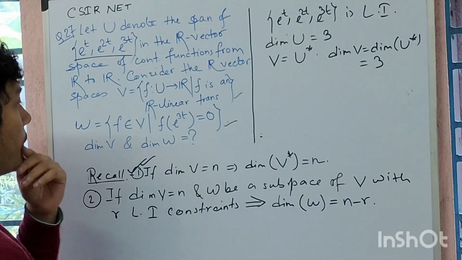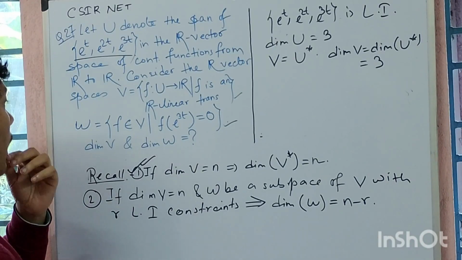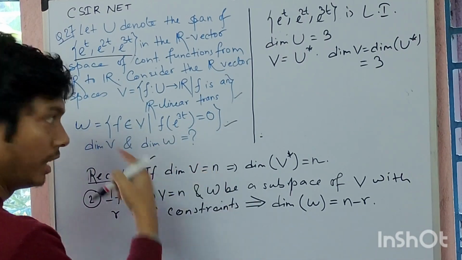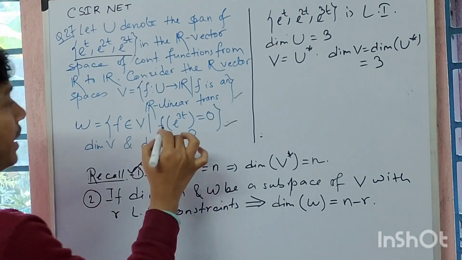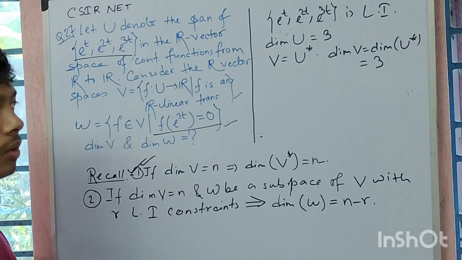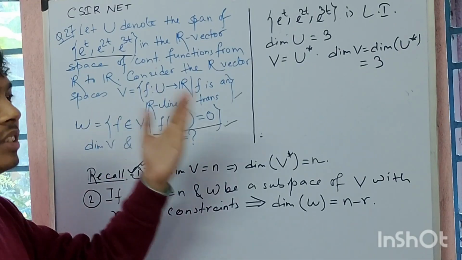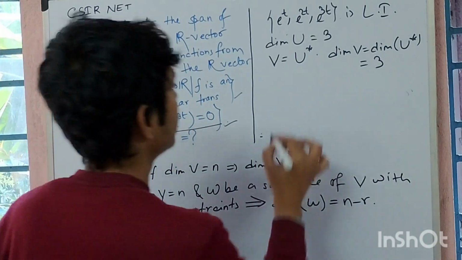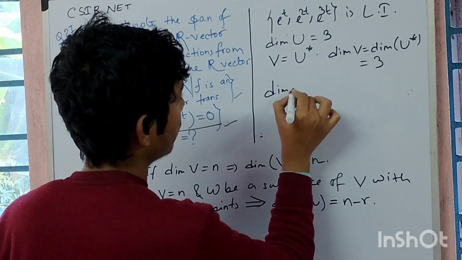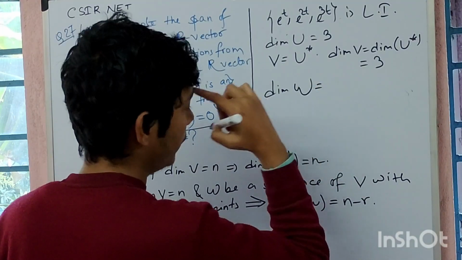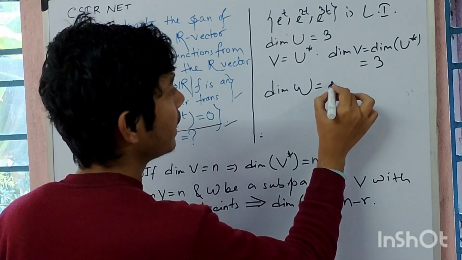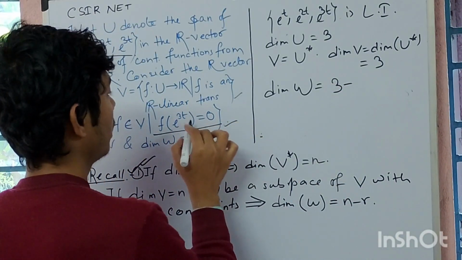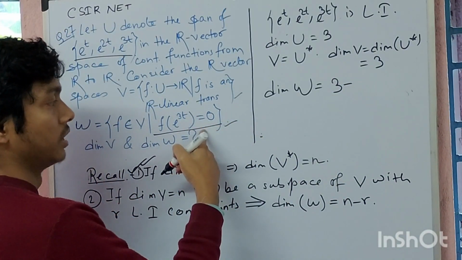Now I have to find the dimension of W. Look at this. It is a subspace of V by its definition, and it has only one constraint: that f of e to the power 3t is 0. Only one constraint, and it's a linearly independent constraint. So the dimension of W will be the dimension of V, which is 3, minus the number of linearly independent constraints, which is 1.